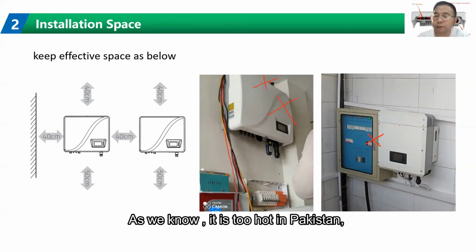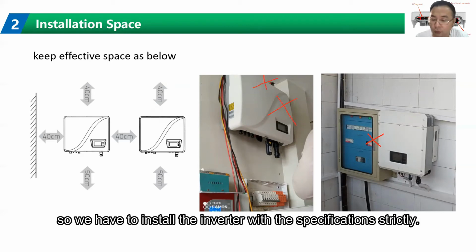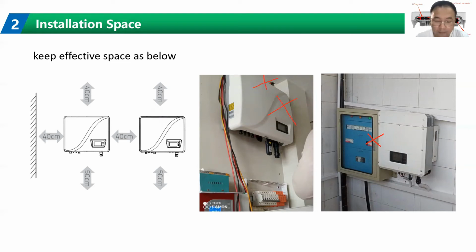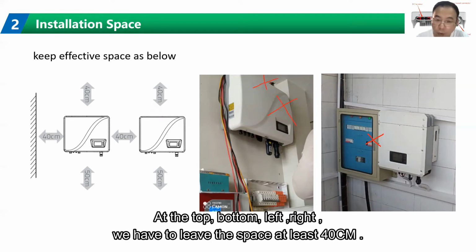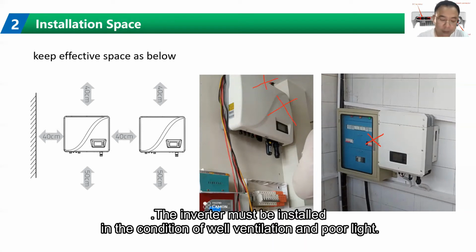As we know, the weather is too hot in Pakistan. We have to install inverters strictly according to the specifications. At the top, bottom, left, and right, we have to leave a space of at least 40 centimeters.